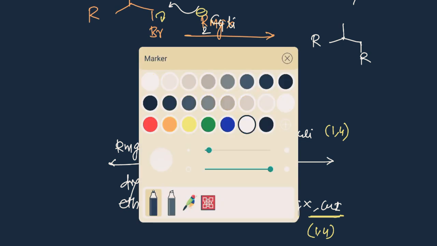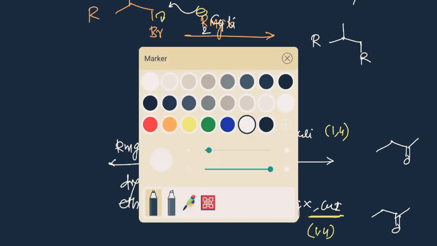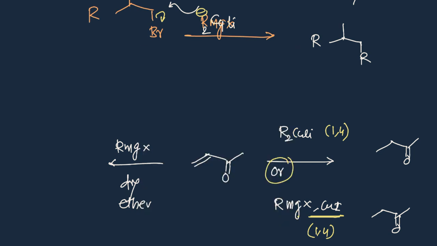So what are the possible products for these three reactions? Here, this will be the main product and we are adding R here. So this is called a conjugate addition. Now what about the case of simple RMgX?